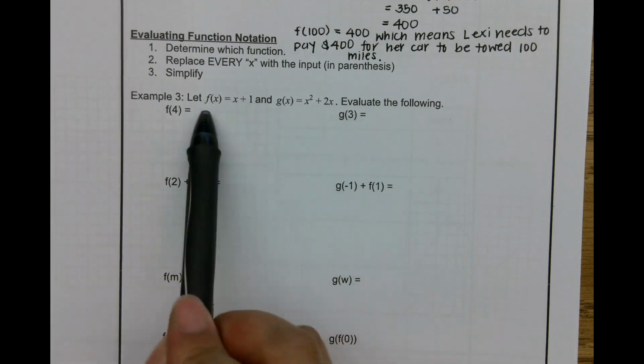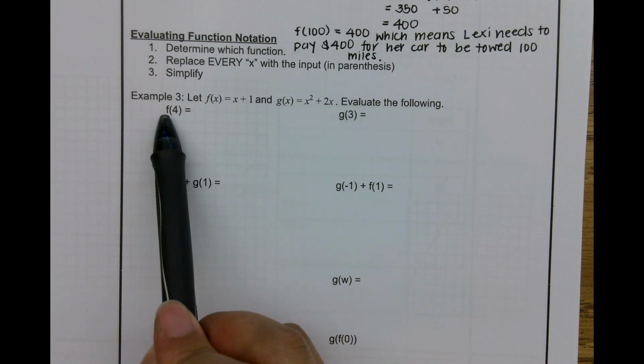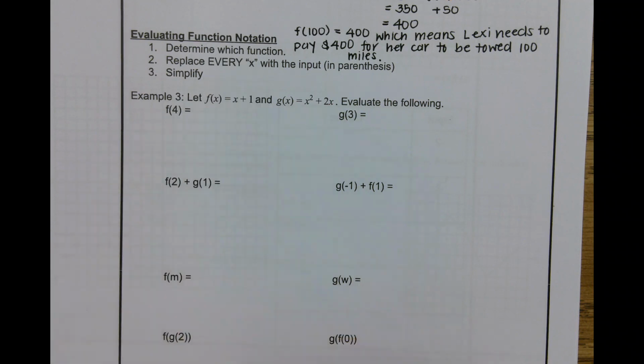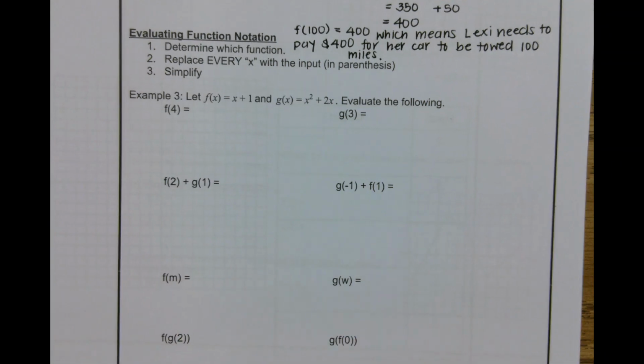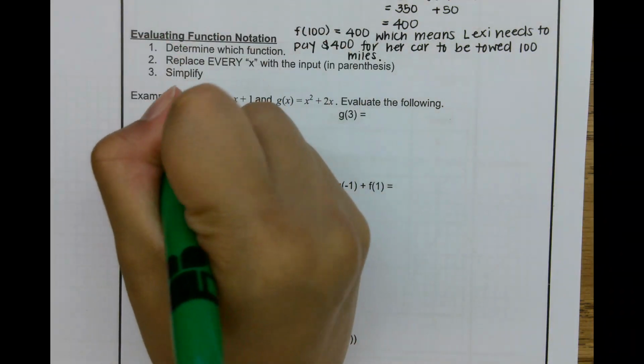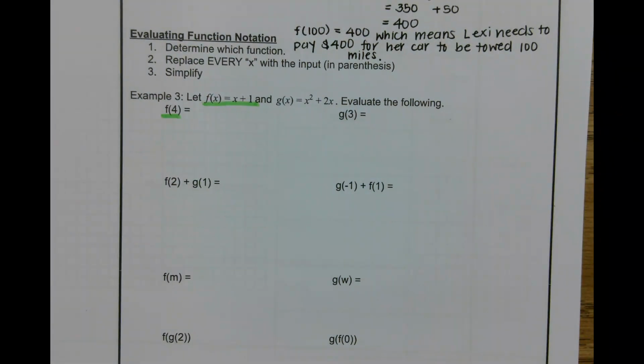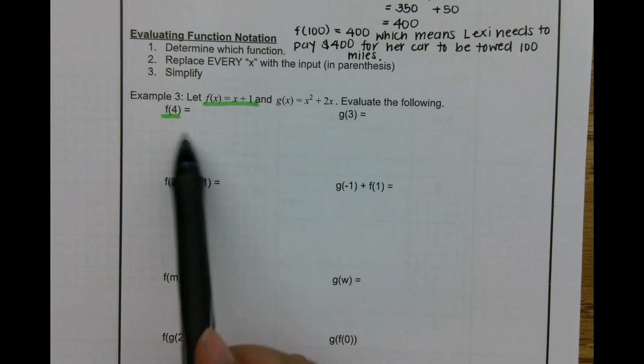Am I talking about this one or this one? How do I know? It says f, so I'm going with the f one. Okay? So we are using this one. Okay. And now we're going to replace every x with the input in parentheses.